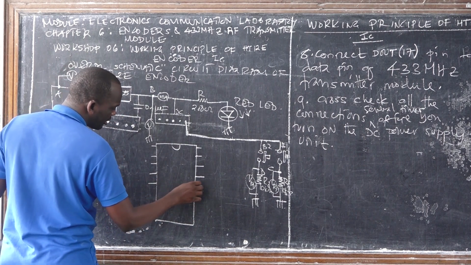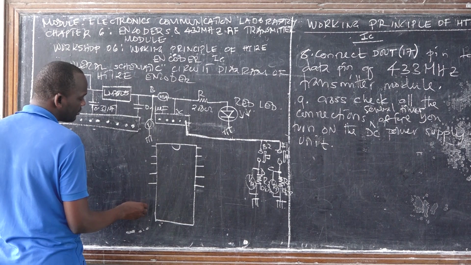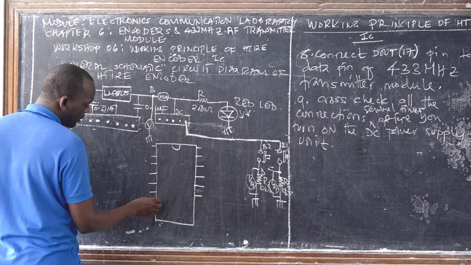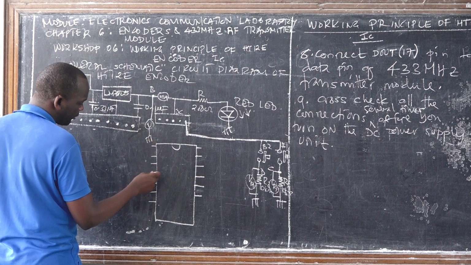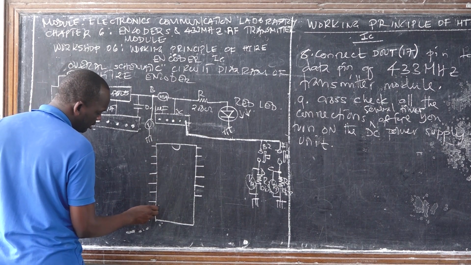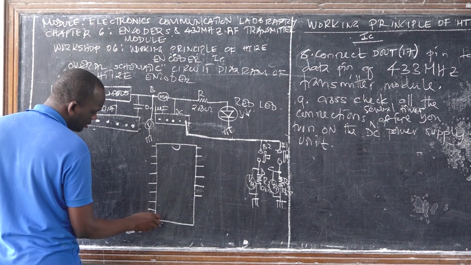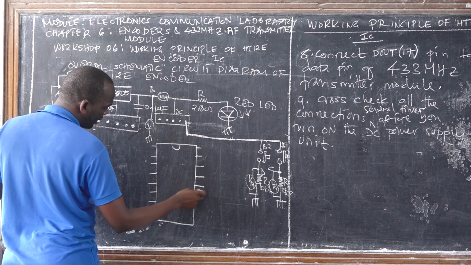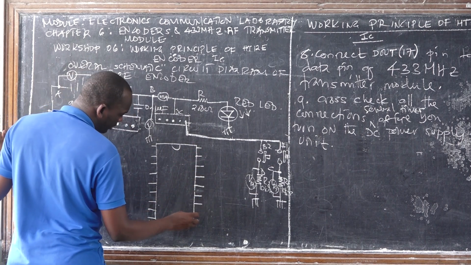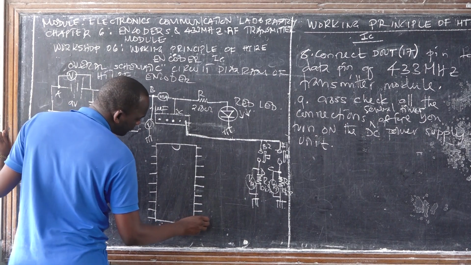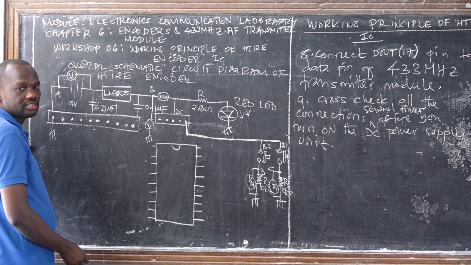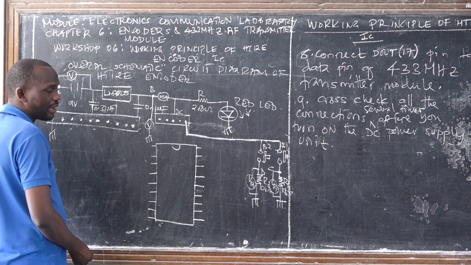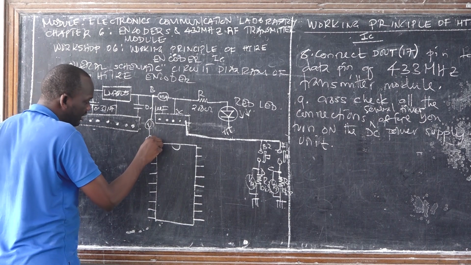Kankesha, how many pins does this IC have? 1, 2, 3, 4, 5, 6, 7, 8, 9. So these are the 9 pins. 9 plus 9. So now you change the language.